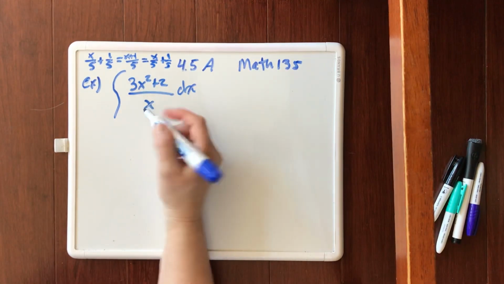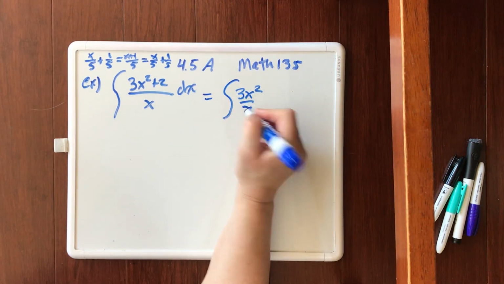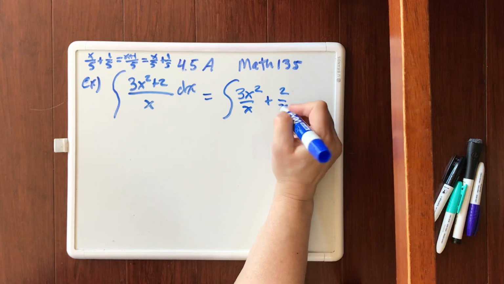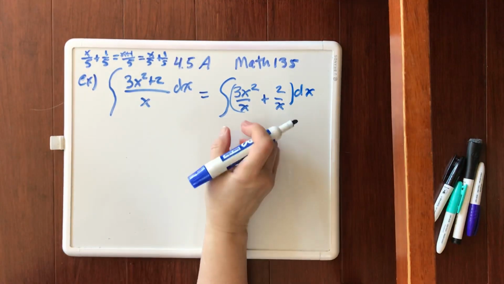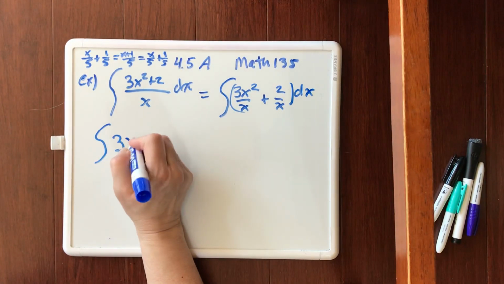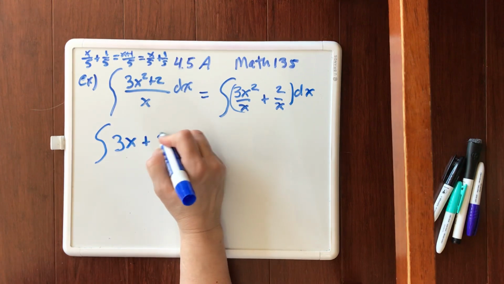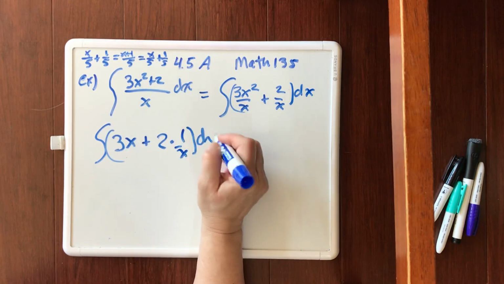This is the same denominator, so we're going to split it up. We have 3x squared over x plus 2 over x dx. Okay, and this x goes into x squared, so we're left with 3x plus 2 times 1 over x. That'll help when we're integrating.